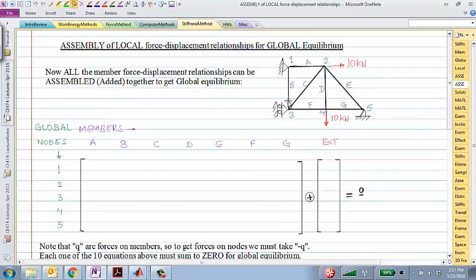Okay, so let's keep that in mind as we try to sum up all the forces, for example, for this truss. So let's take a look at how we would do that. For element A, it is connected to nodes 1 and 2. So the forces in the global coordinates would be QA1 and QA2.